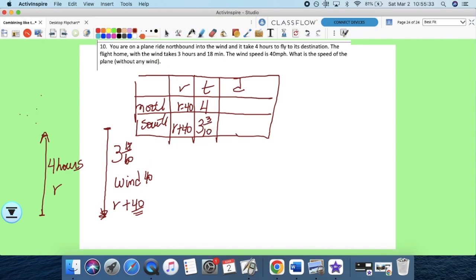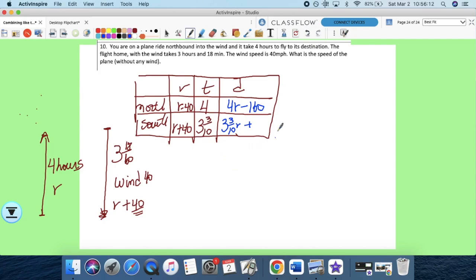Now we do our distributive problem to find the distance. So distance would be 4 times r minus 40, which is 4r minus 160. Let's multiply 3 and 3/10 times r plus 40. It's 3 and 3/10 r plus 3 and 3/10 times 40.